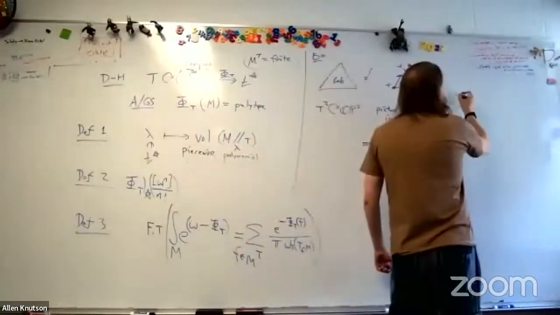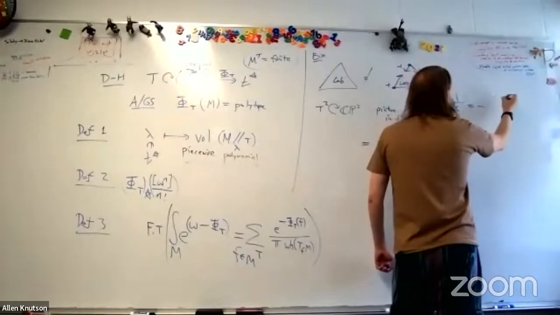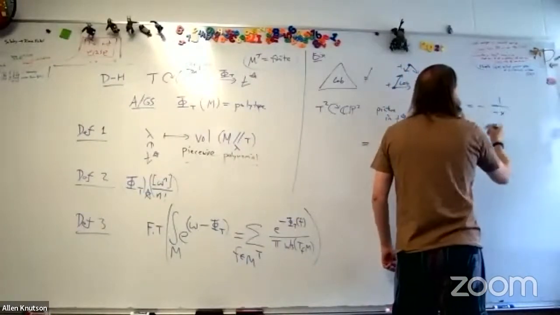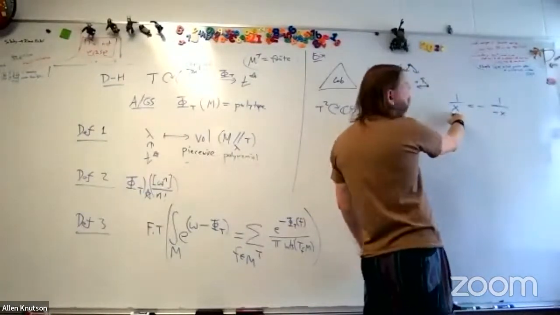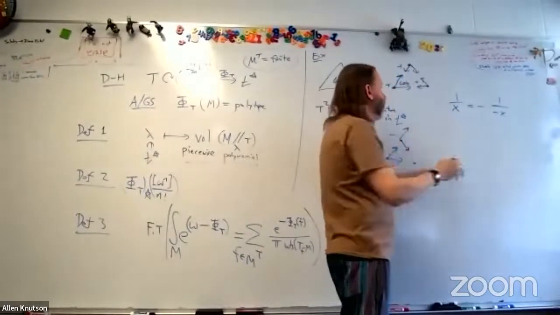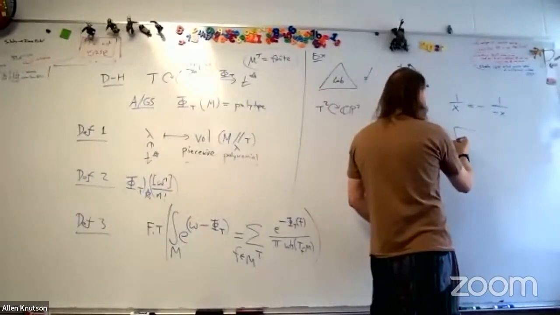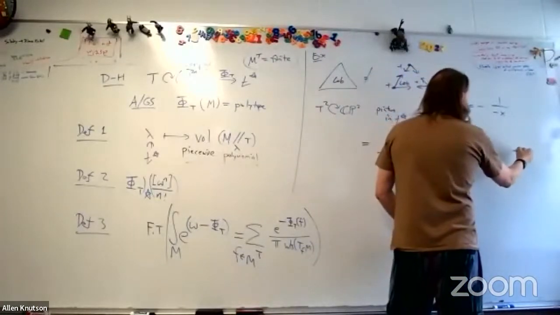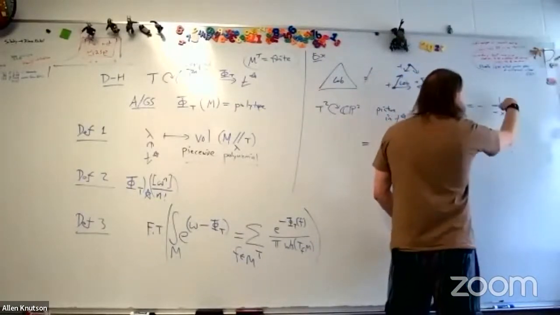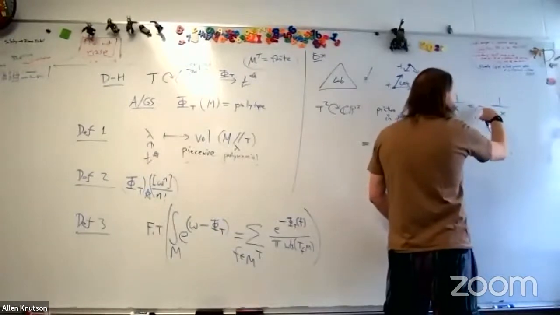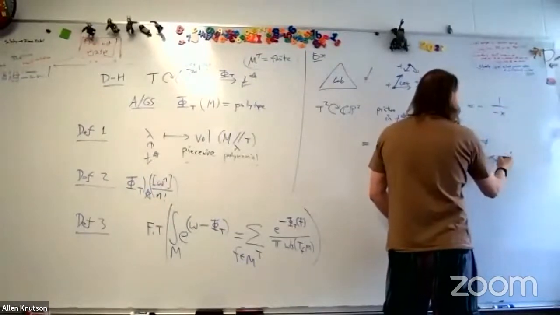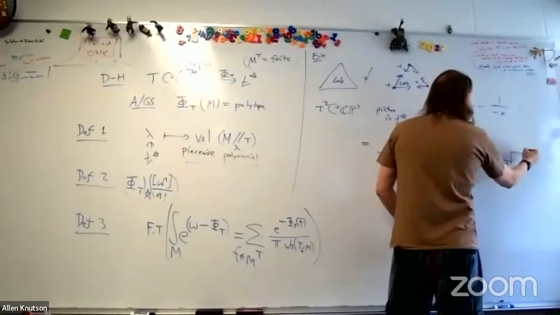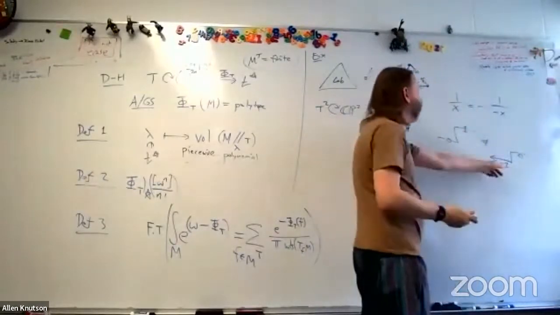The issue is this: 1 over x is negative 1 over minus x. And if you naively say, let's think about integrating this and getting a delta function going in the forward direction, that's not the same as if you take negative a delta function and integrate it in the opposite direction.